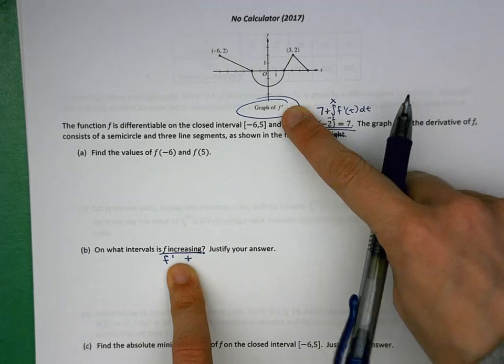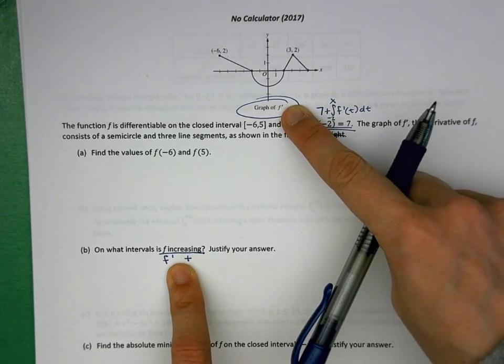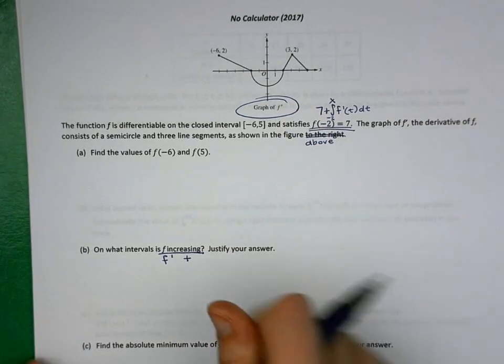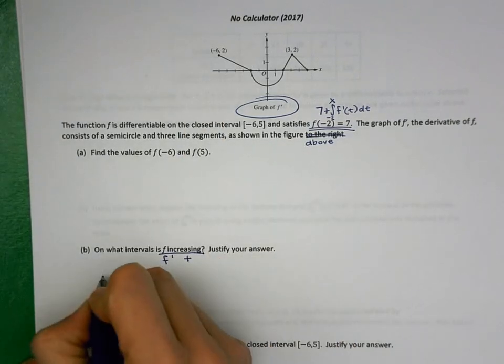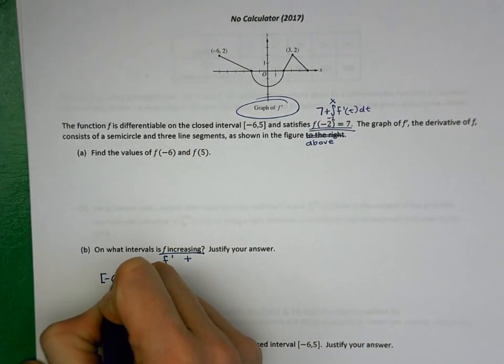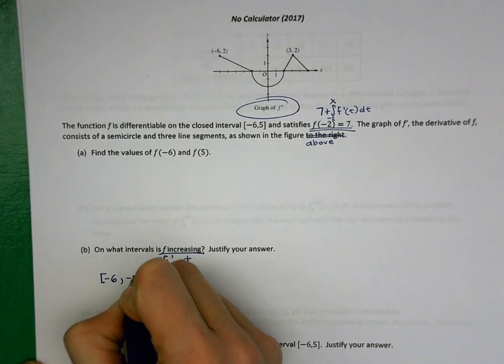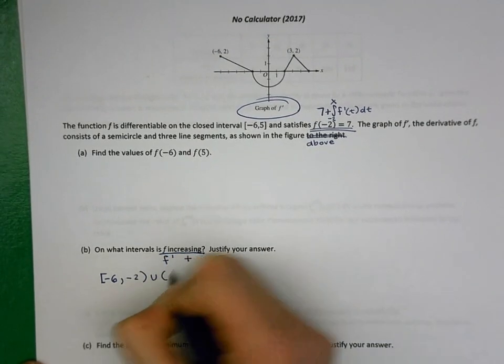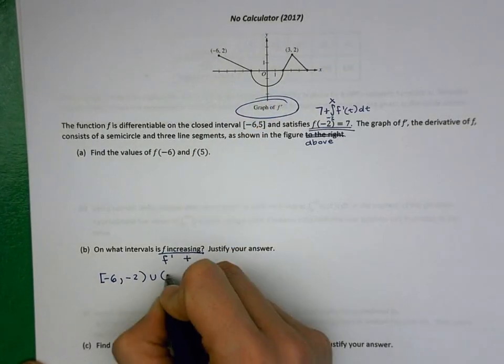Some people like to think of it that way. Okay, and so this graph is above the x-axis from -6 to -2 and from 2 to 5.